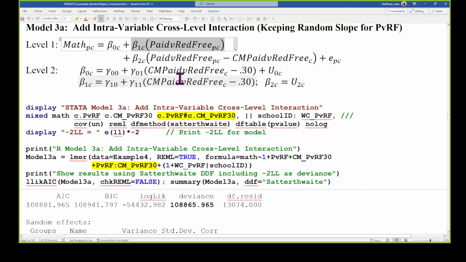That means a cross-level interaction with only that part is going to say that the within school effects of lunch are the same as the between school effects of lunch in terms of how this variable is moderating them. So moderation of the within and between effects to the same extent. That's what this is saying.